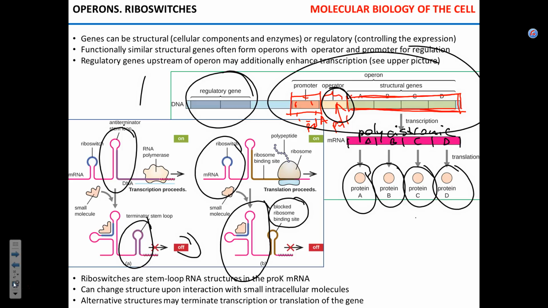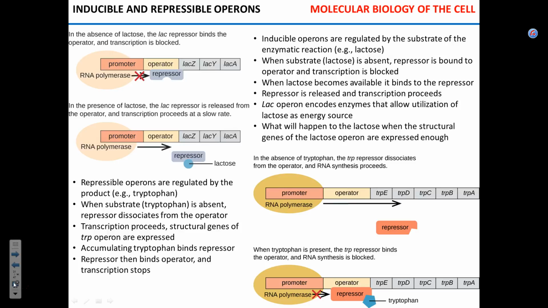Okay, think about riboswitches as on-off regulators of transcription and translation that alter the structure of either the transcription terminator and anti-terminator loop or the ribosome binding site. Operons have a more fundamental effect, and that's what I want to talk about now.